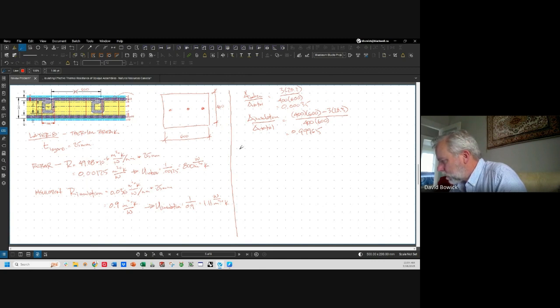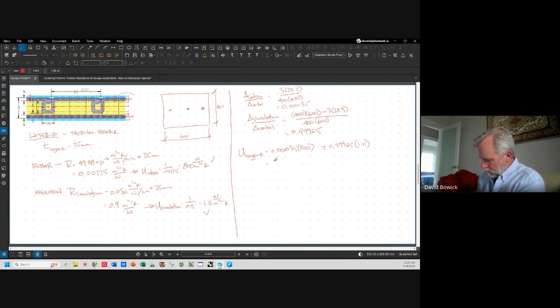So there's our areas. So we know that our U for layer 8 equals 0.00035 times the U of the rebar, 800, plus 0.99965 times 1.11, which is 1.39 watts per meter squared per degree Kelvin.